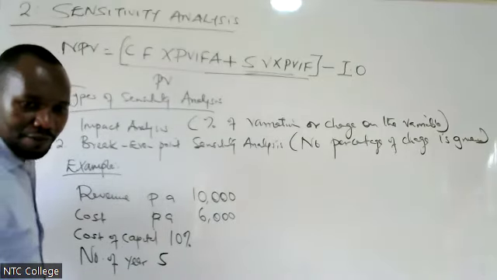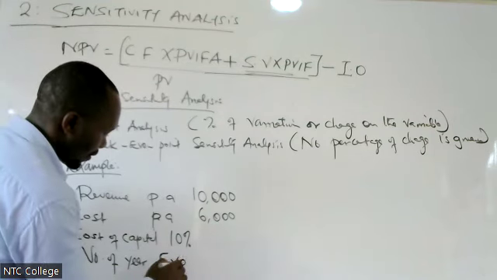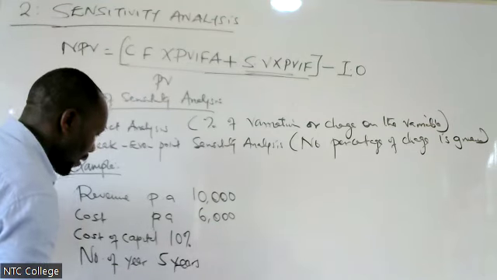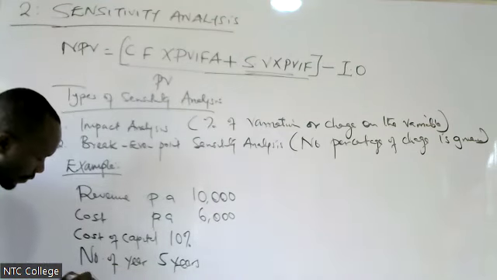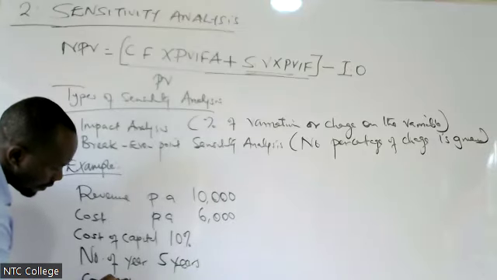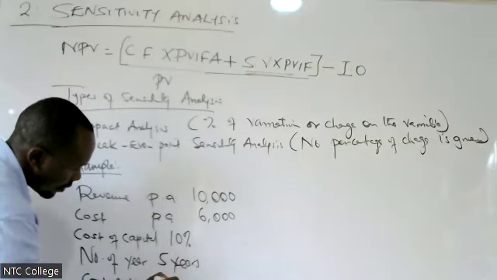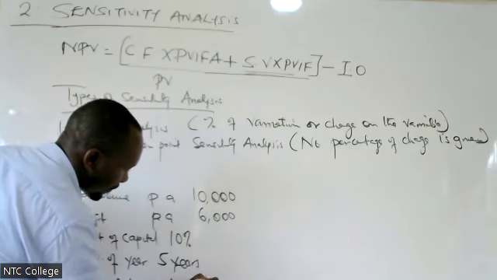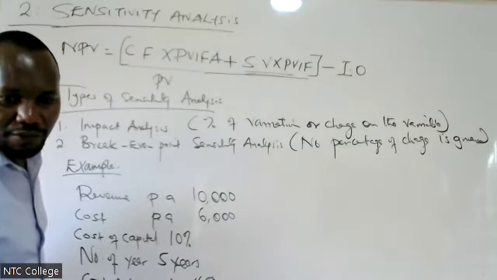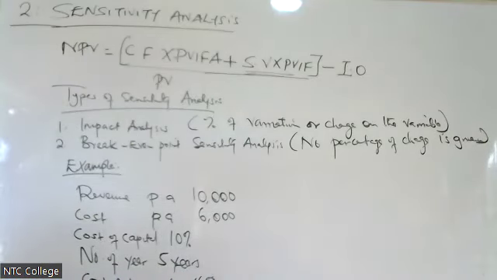Number of years is 5 years. Investment cost, or cost of investment, is 4,500.